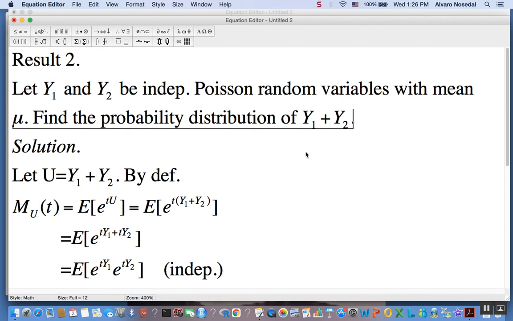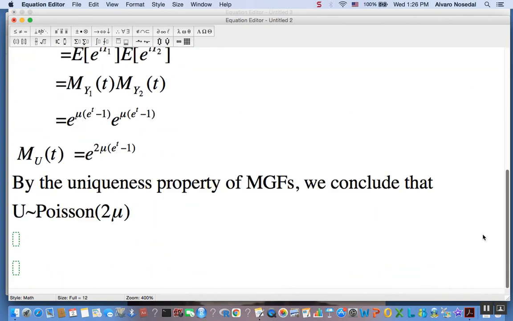And thanks to the MGF method, we were able to show that the distribution of a sum of 2 independent Poisson random variables with mean mu has a Poisson distribution as well, with parameter 2 times mu.